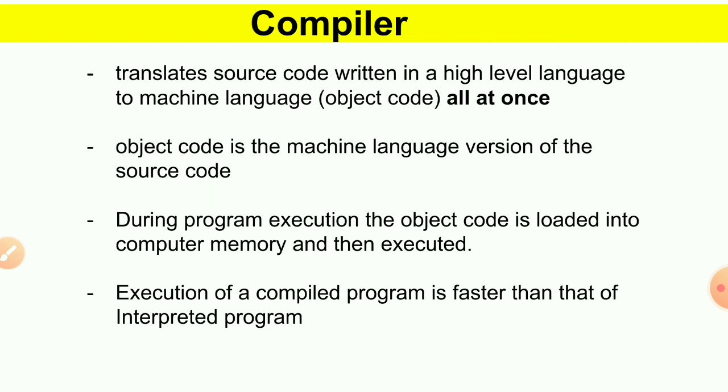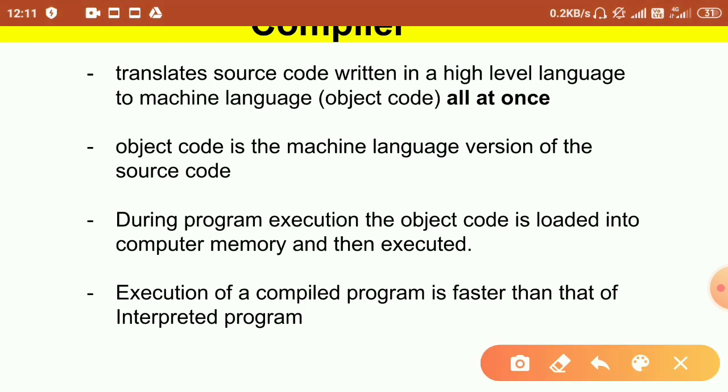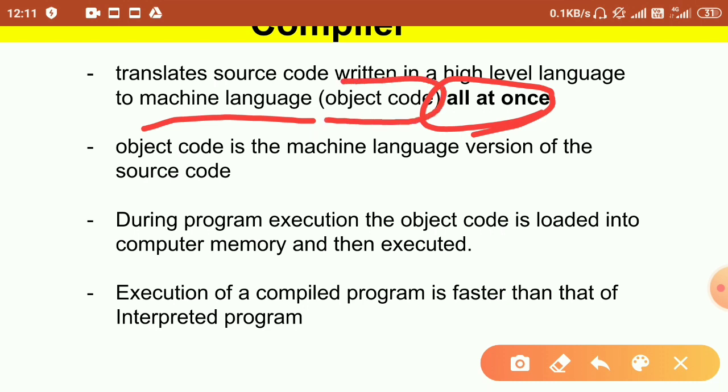What the compiler does is it takes your whole code, your complete code, and converts the entire piece of code all at once into machine language. Machine language is also known as object code. Remember this, machine language is also known as object code.